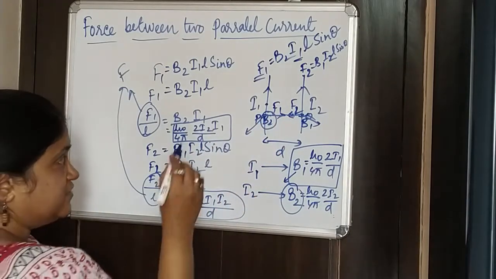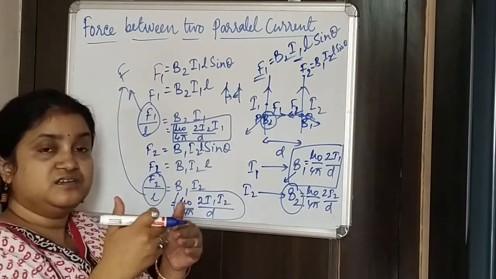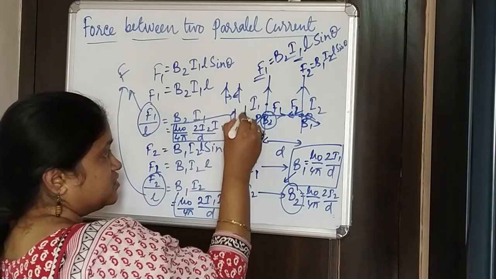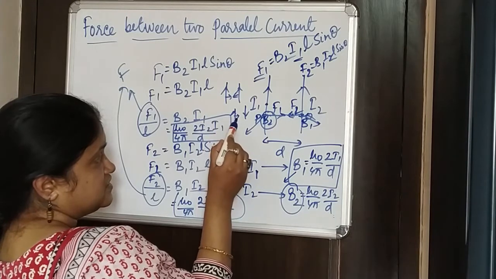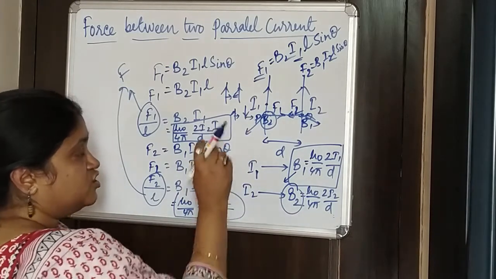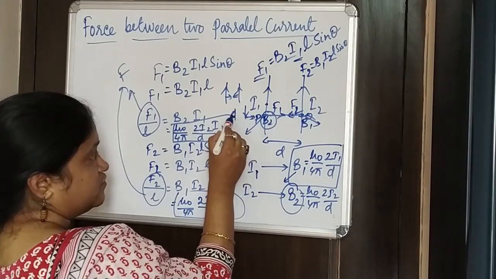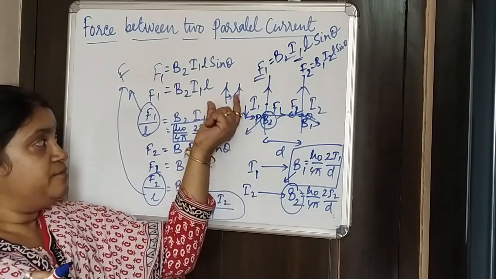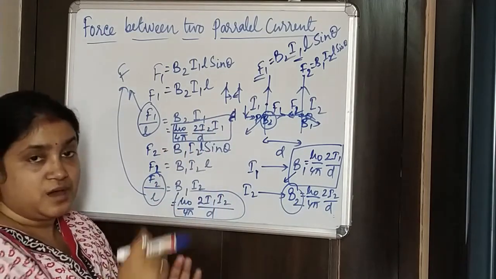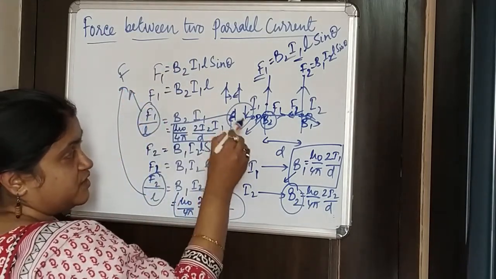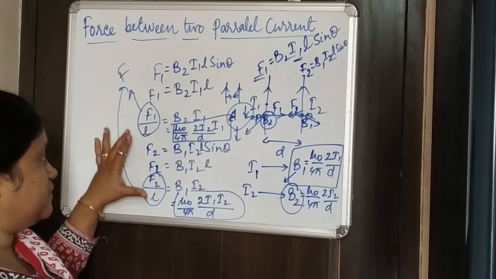Now if the currents flow in the same direction, they attract each other. If the currents flow in opposite directions, what happens? One force is in this direction, and the other force is in the opposite direction. So parallel currents attract each other, and anti-parallel currents, where one goes up and the other goes down, repel each other.